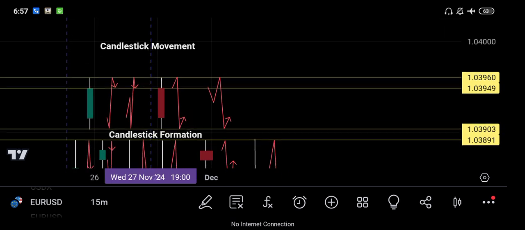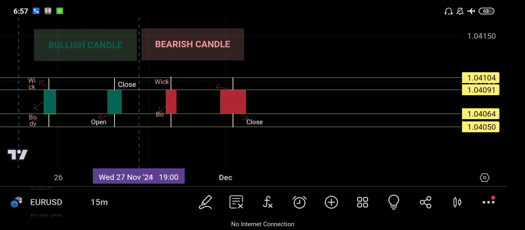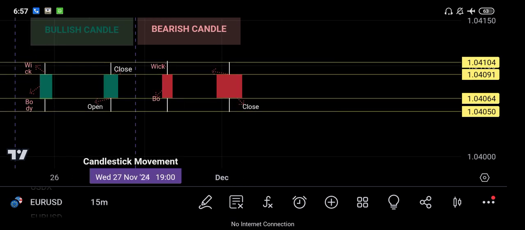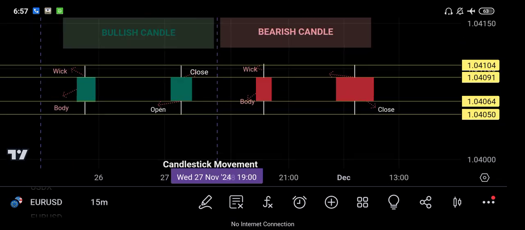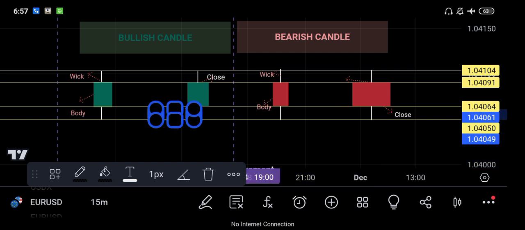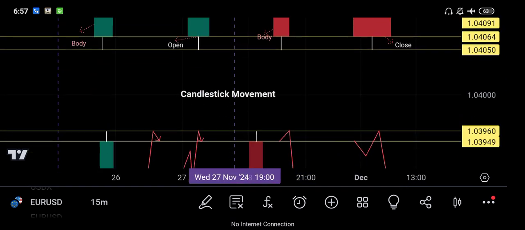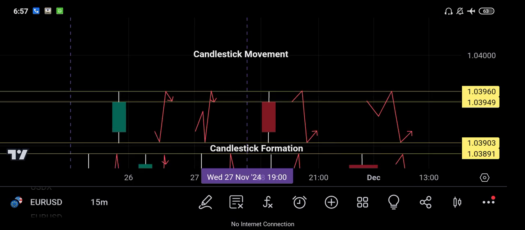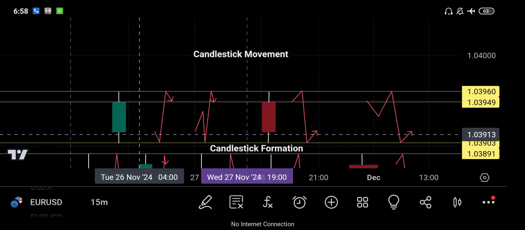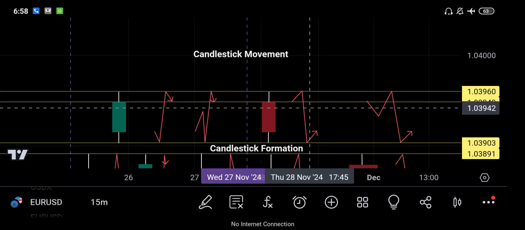Looking at this, we've actually looked at the bullish candle and the bearish candle, their anatomy, the body and the wick, their open and close, and we have also looked at how this market moves, the rejections that form the wick, and the open and the close.